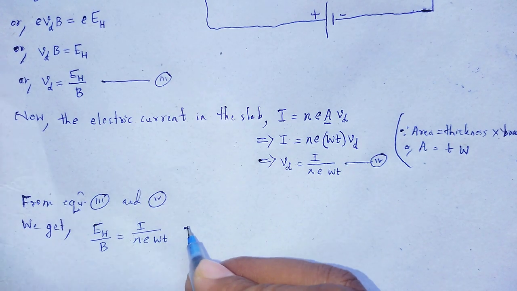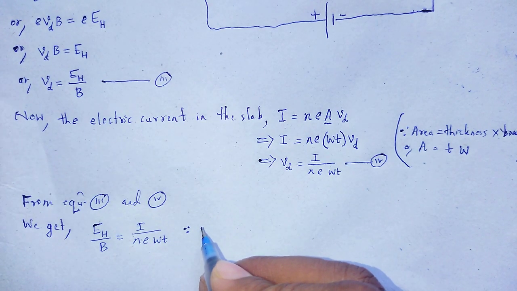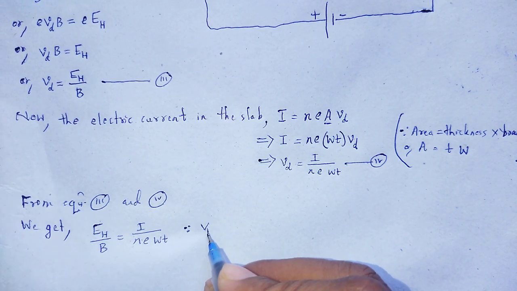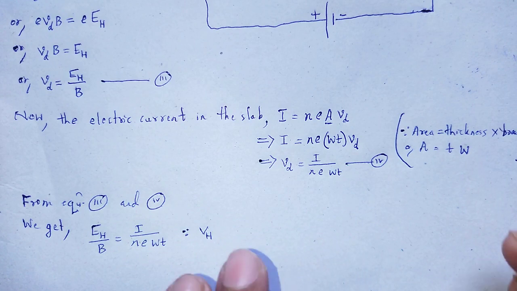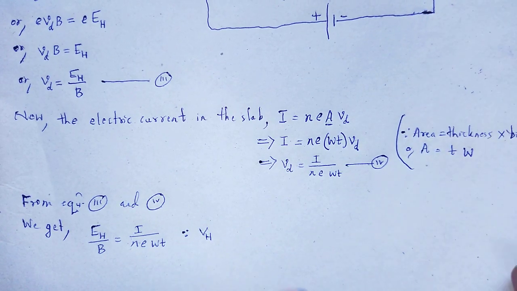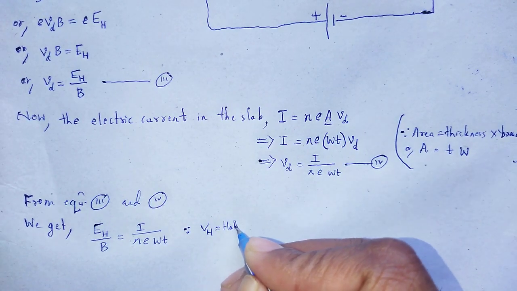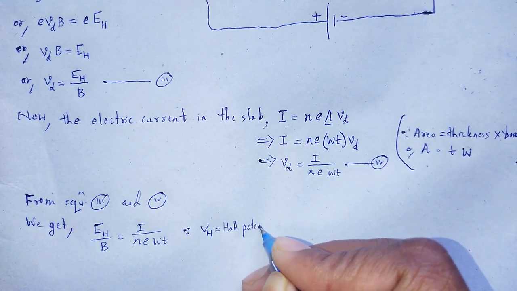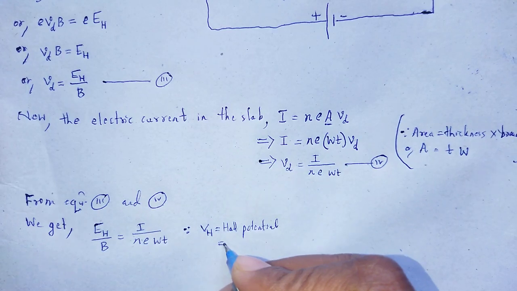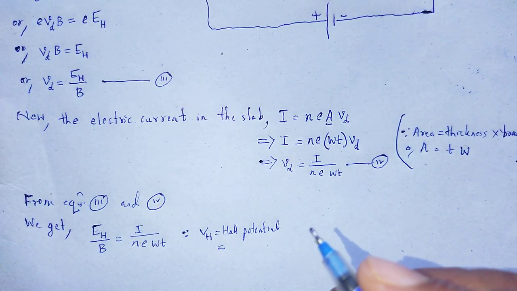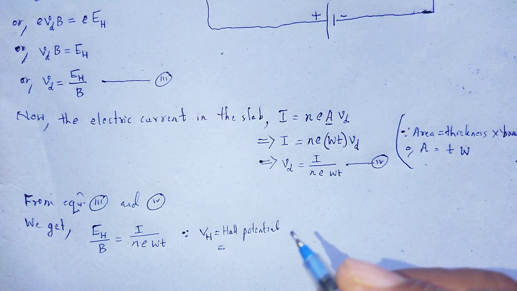As we know, V_H is the Hall potential, given as electric field into distance.